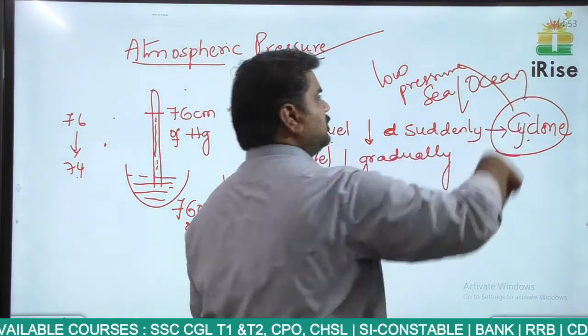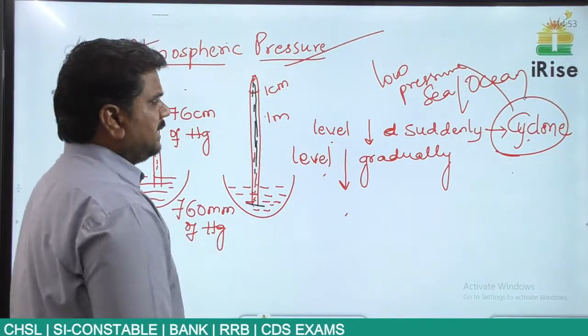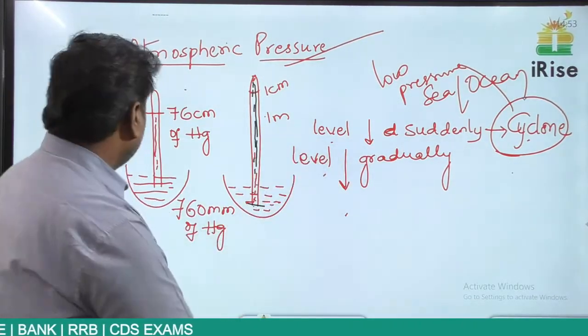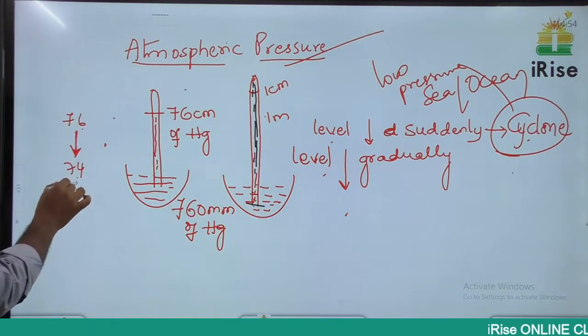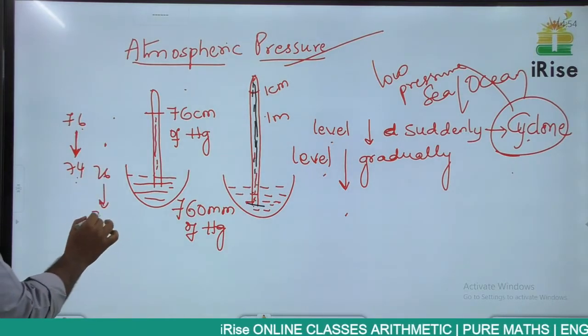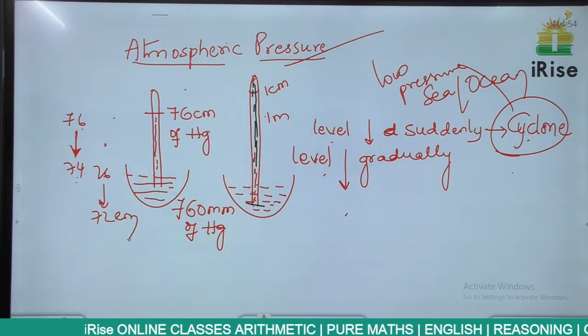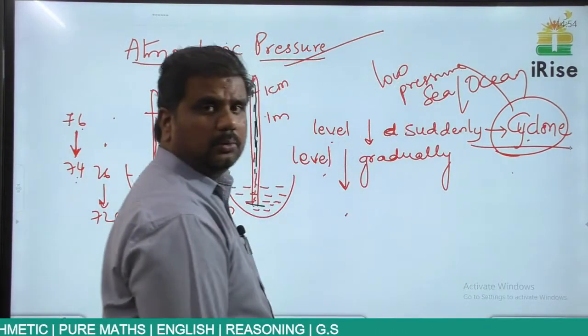That is what you call a cyclone. Right? Depending upon the intensity of the cyclone, the level of mercury decreases maybe from 76 to 74 suddenly, or it may decrease from 76 to 72 centimeters suddenly. But whatever it is, it indicates the formation of a cyclone.